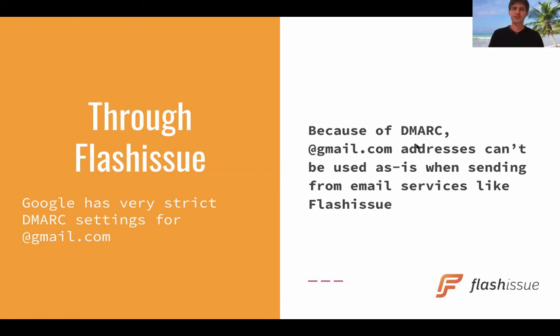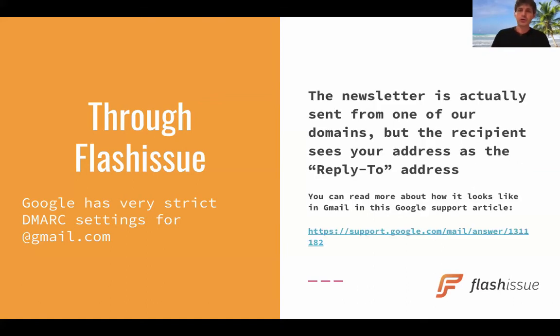So it means that Flashissue and any other email service, not just us, when you try to send something through a gmail.com address and it's not possible to send it through Google itself because of the daily limit of emails, we have to modify the address. So what we do, we change the address a bit.